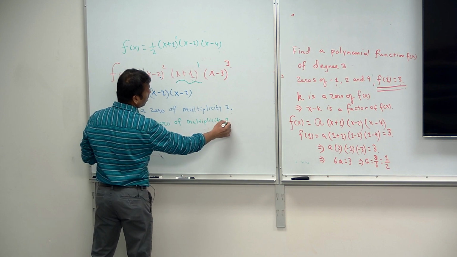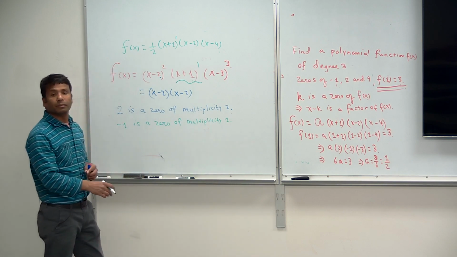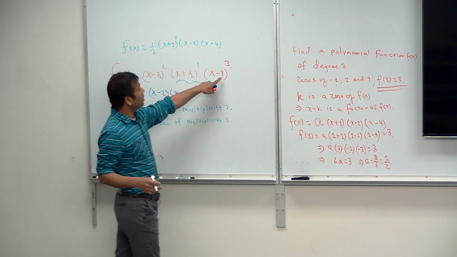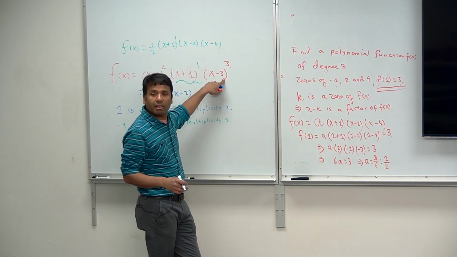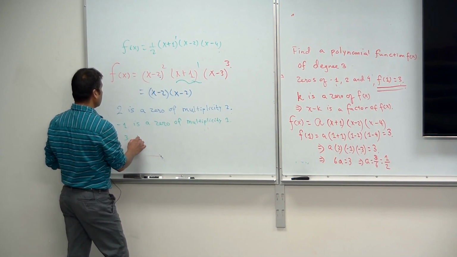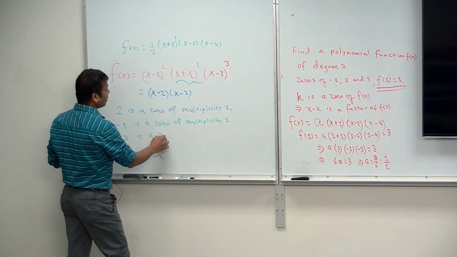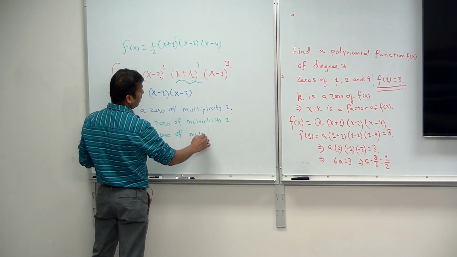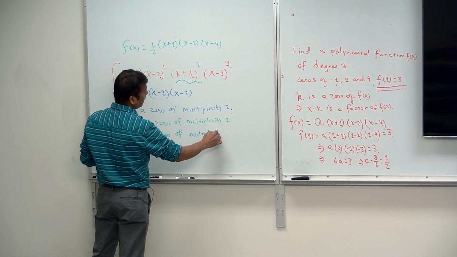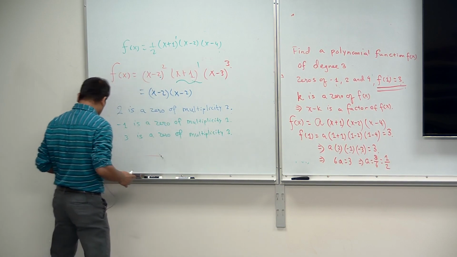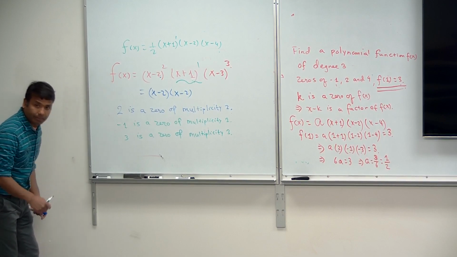Now 3 is a 0, right? How many times does 3 occur here? Three. So 3 is a 0 of multiplicity 3. Got it?